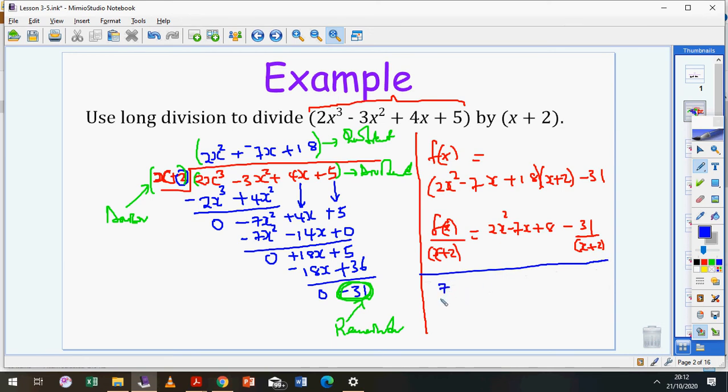Remember, 7 out of 2 is either 3, which was the quotient, plus a half, or I can write 7 is equal to 3 times 2 plus the remainder, which was 1. This second notation is what I wrote here first, and this first one is what I wrote in this section here.